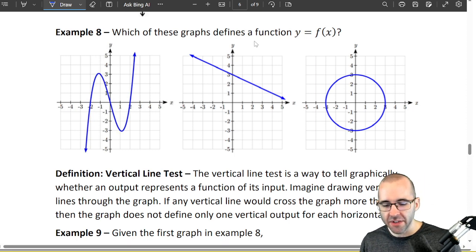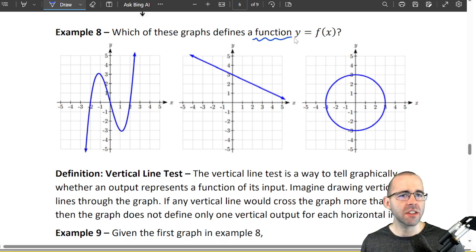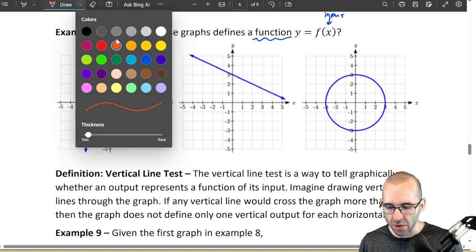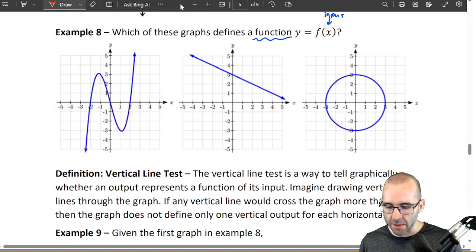So specifically here, we're curious about functions. Function means if I give you an input, there's exactly one output. So let's look at any value of x and say, how many values of y are there? Let's change colors to orange. Let's look at this first graph. Okay. Let's just pick an x. If I look at an x value of 1, look up and down.